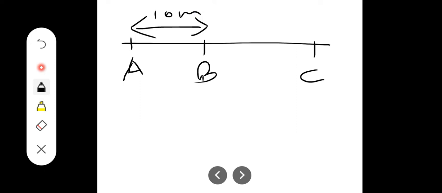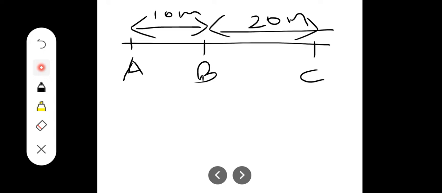The distance between B and C is, say, 20 meter. So 10 meter and 20 meter. And you just imagine an object is traveling from A to B, then B to C.